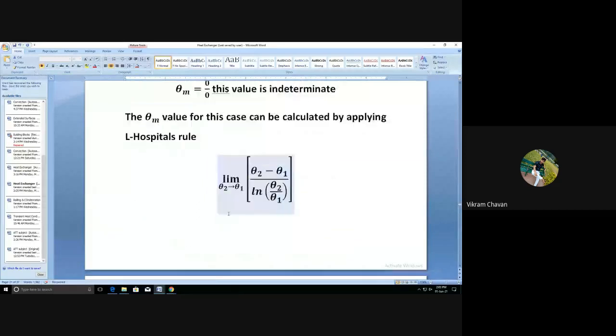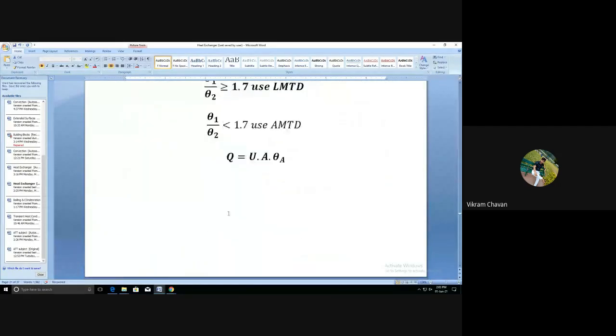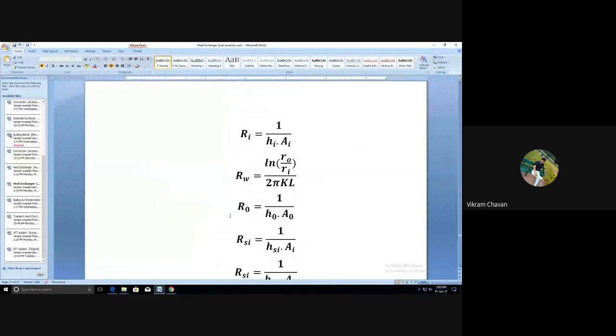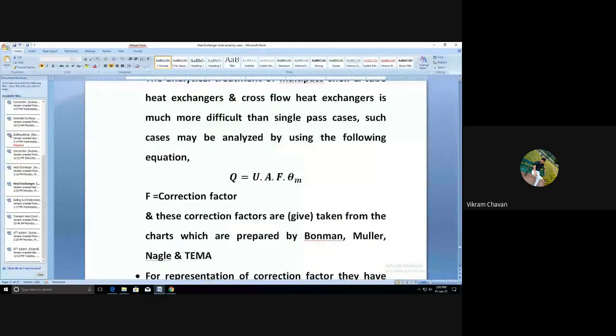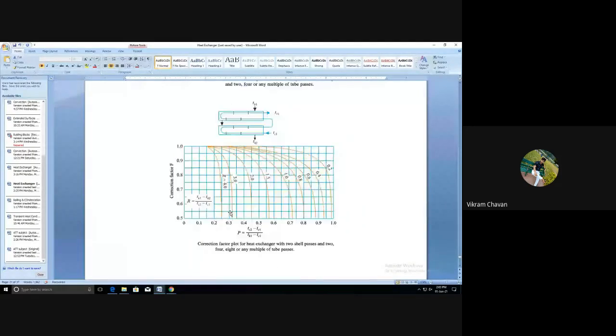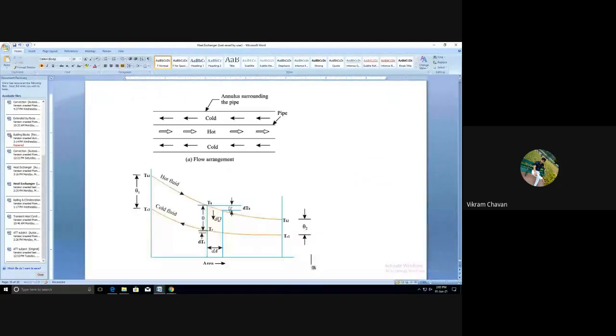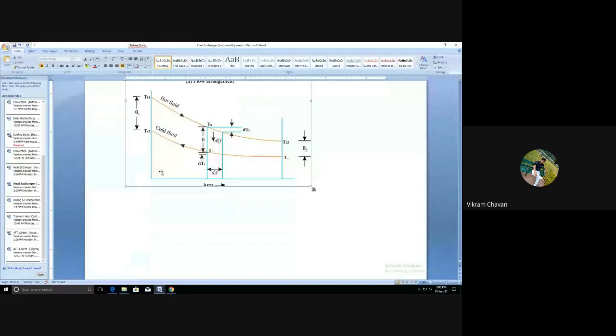You need not draw the complete diagram, just show theta1 and theta2 and the counter flow arrangement. So this is the counter flow heat exchanger.